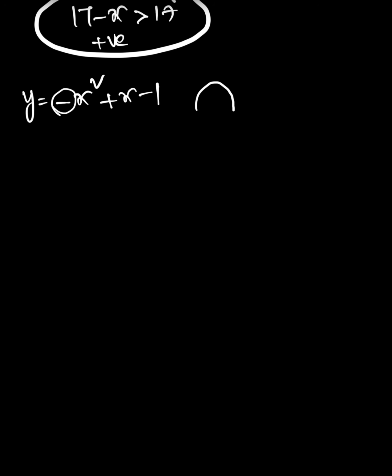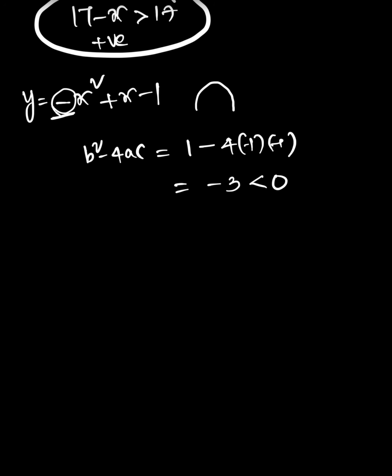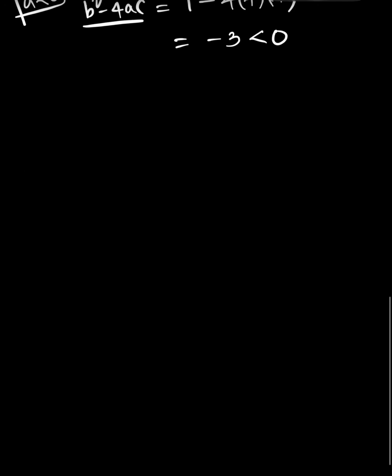And what about b square minus 4ac? Here it is 1 minus 4 into minus 1 into minus 1, so that is 1 minus 4, which is minus 3. It is less than 0.